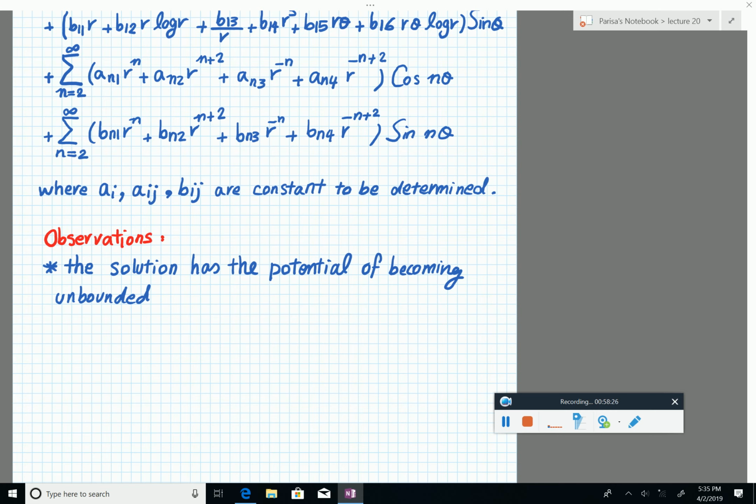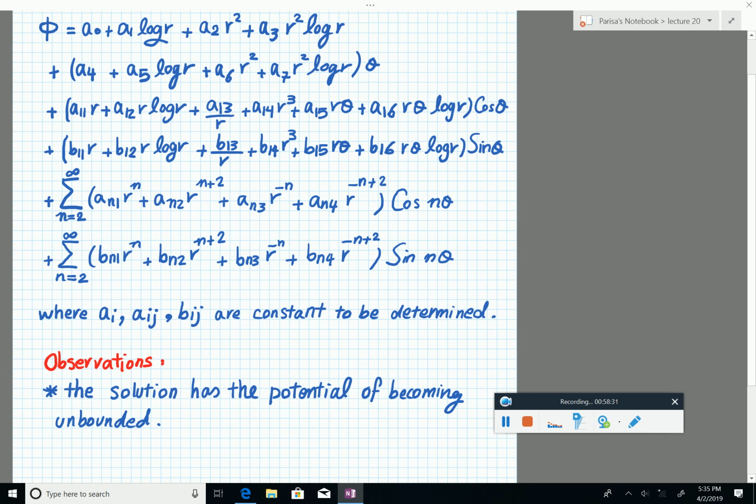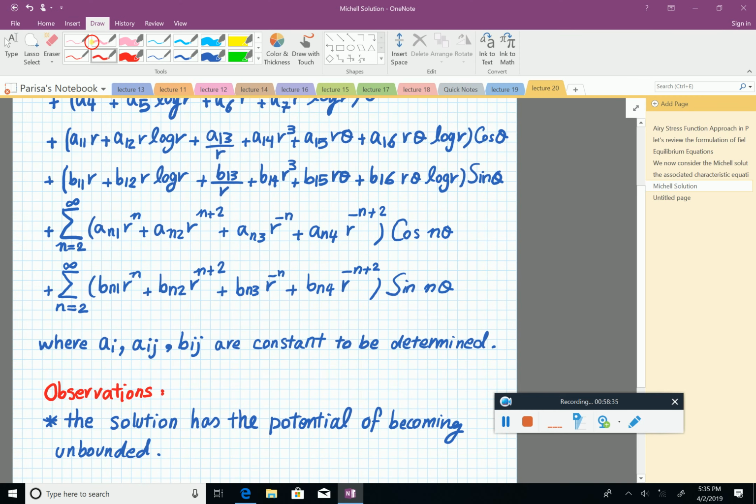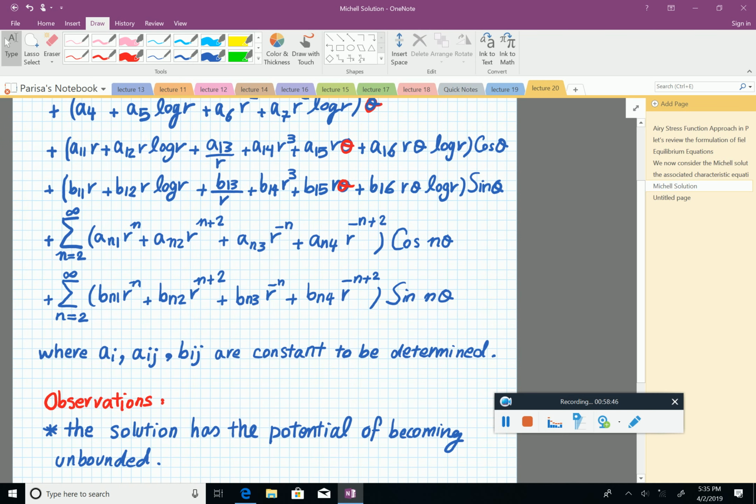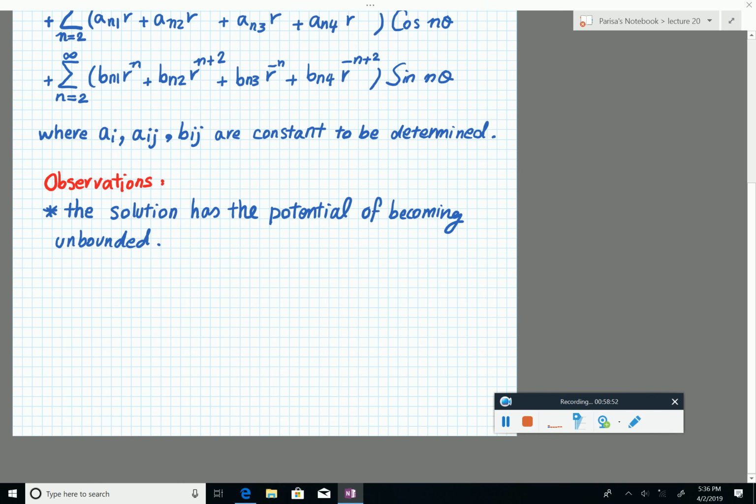Another very interesting property is, look at some of the terms here, they have theta in them. Like here, here, here. So theta is inside the term. So what does that tell you?